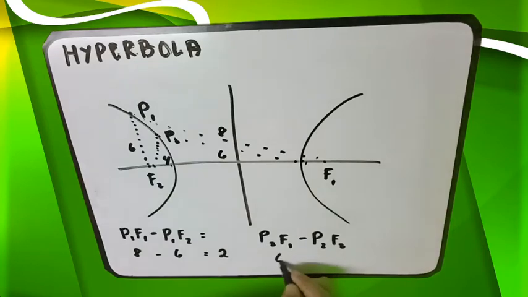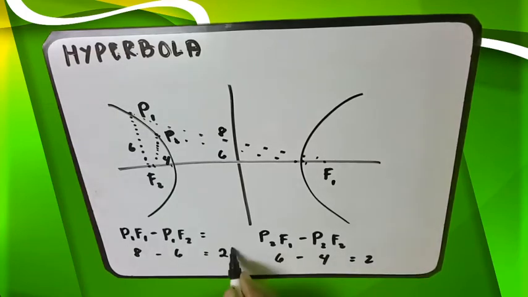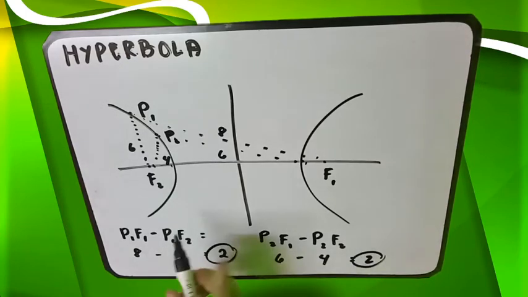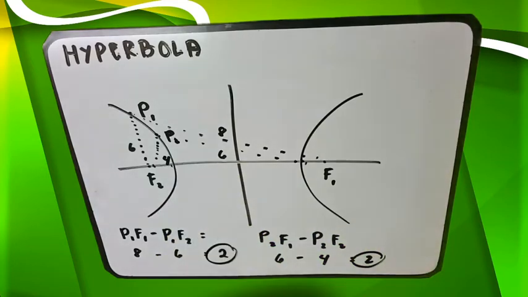So pag binawasan natin, that is 2. So yung constant, ibig sabihin yung difference nun kahit saan part ng hyperbola is the same.